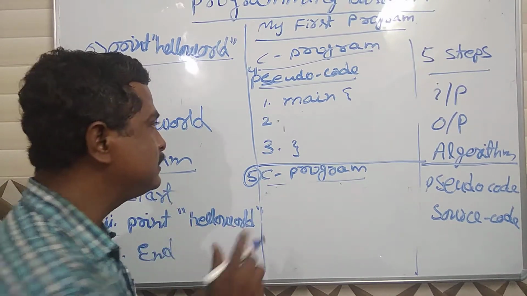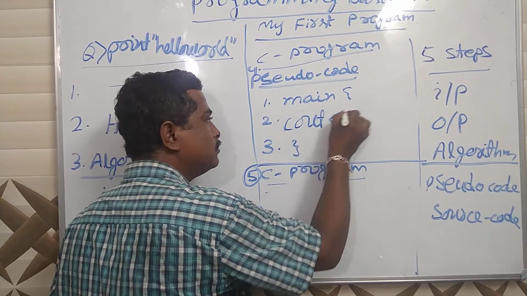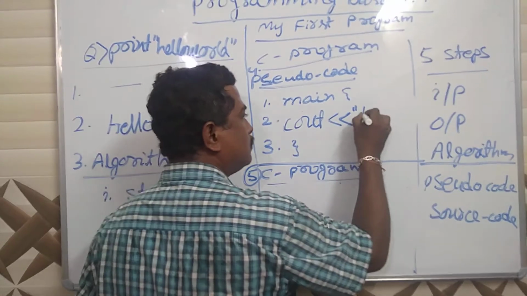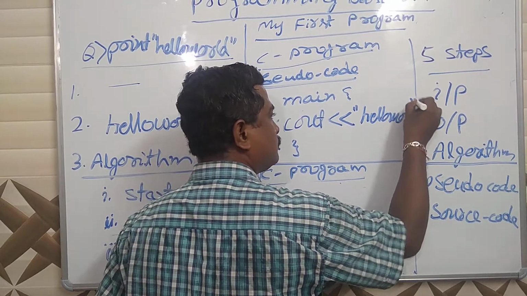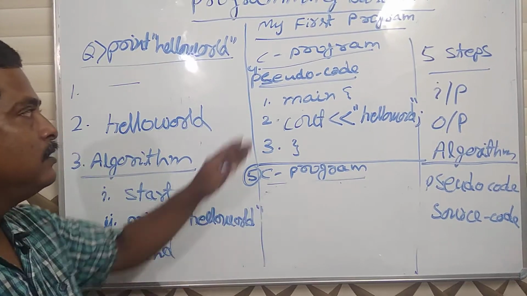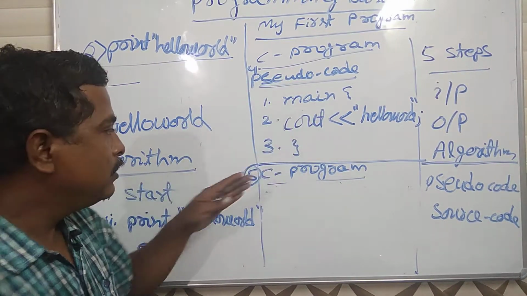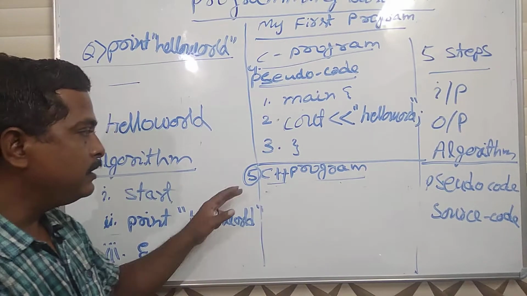The slight change is there. In place of printf, I will take cout. That's it. Semicolon. Okay. This is the case in pseudocode. This is the change.